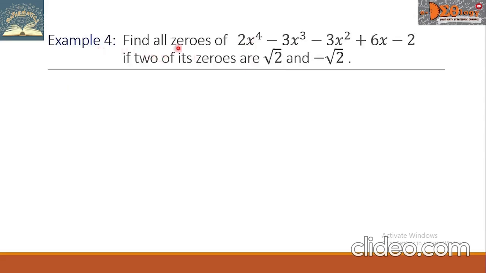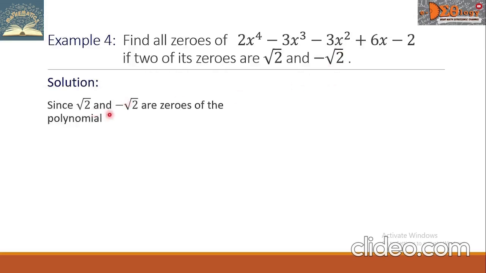Example 4. Find all zeros of 2x^4 - 3x^3 - 3x^2 + 6x - 2 if two of its zeros are square root of 2 and negative square root of 2.